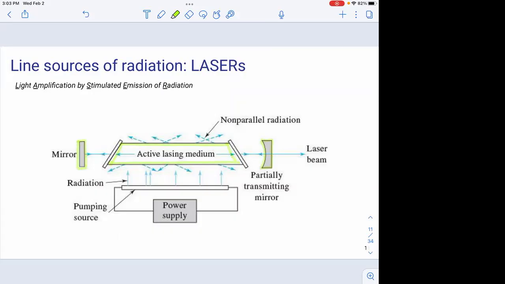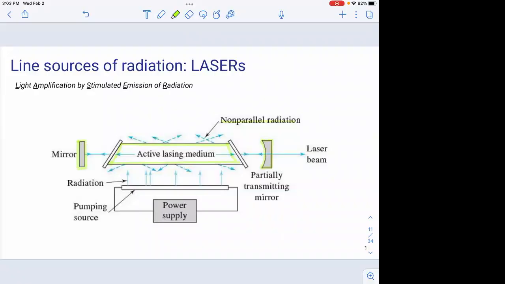And every time they bounce back and forth, they go back through that active lasing medium. Anything that's not coherent, meaning that it's not in phase with the propagating wave, is considered non-parallel radiation, and it gets dumped out of the lasing medium and is no longer useful.